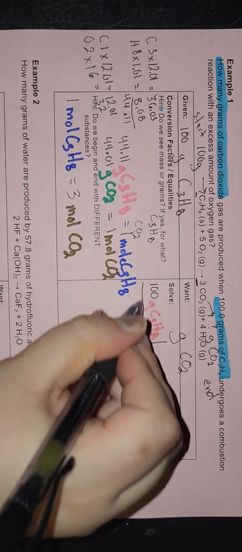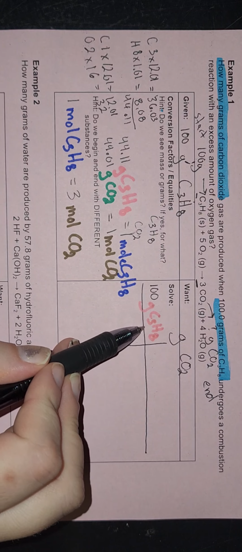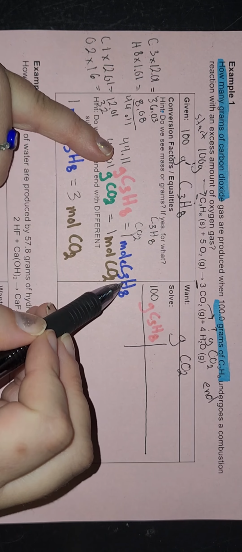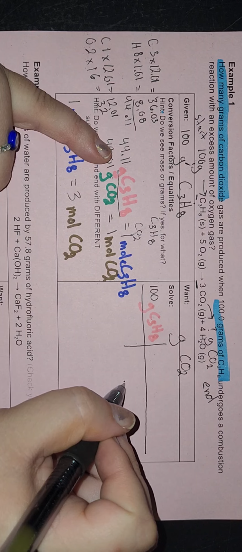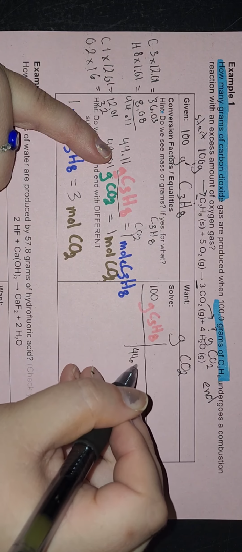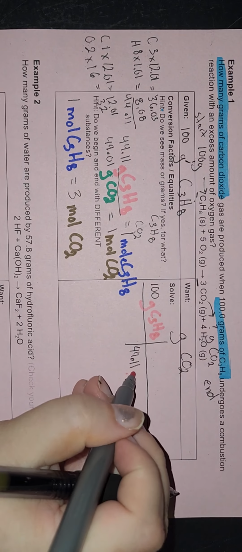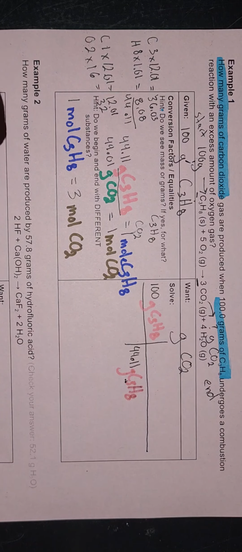To go into the equation, because we start with grams, we are going to need the molar mass of C3H8, so this first conversion factor. I want the units to cancel, so I'm going to put the grams of C3H8 side on the bottom. So 44.11 grams of C3H8. Again, I'm putting this down here so that those units will cancel.